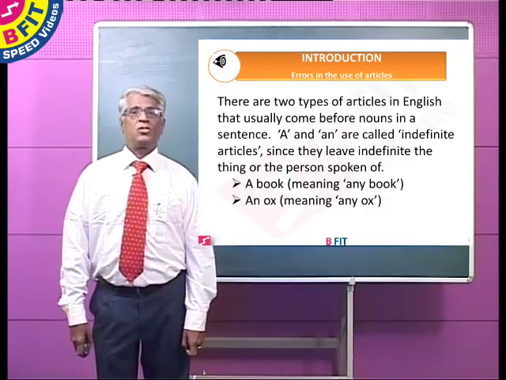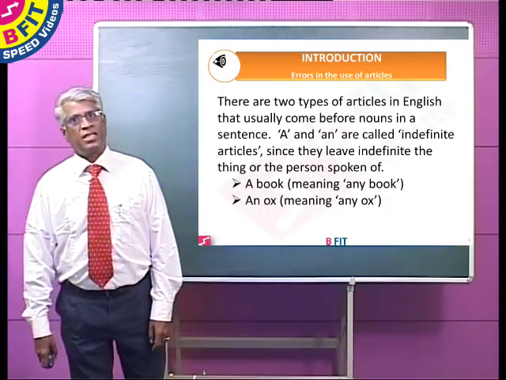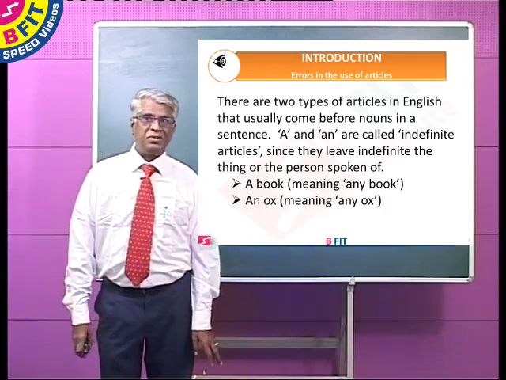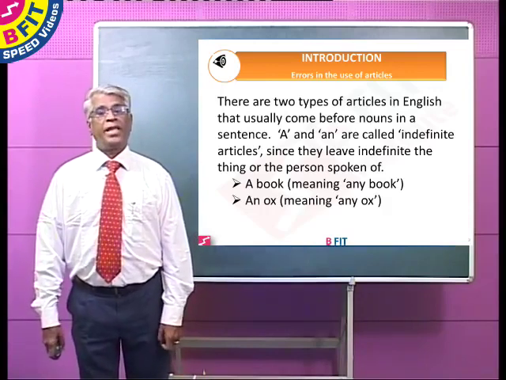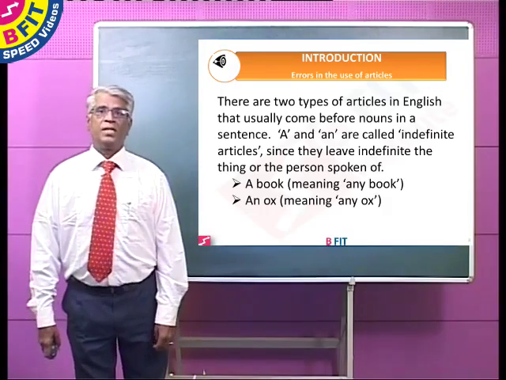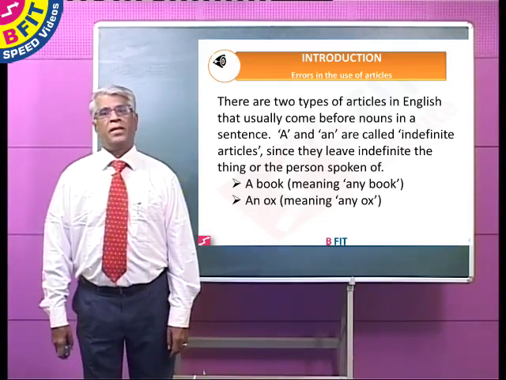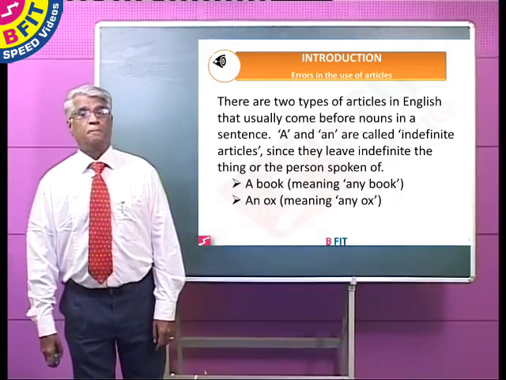In fact, there are 2 types of articles in English. A and an are said to be indefinite articles, and the is said to be the definite article.